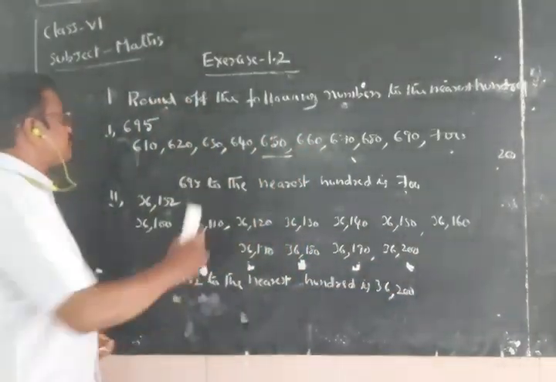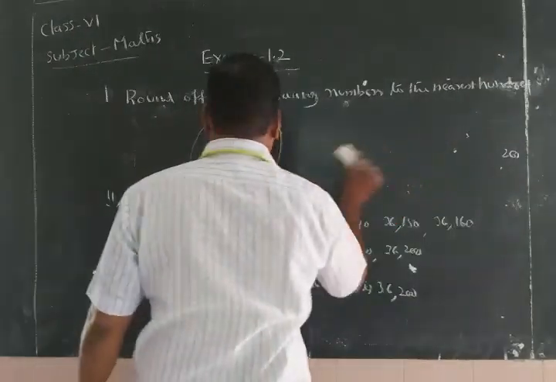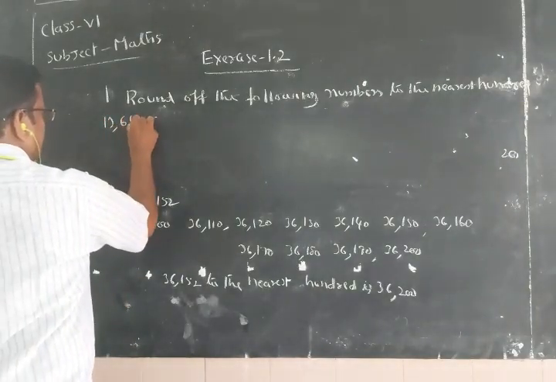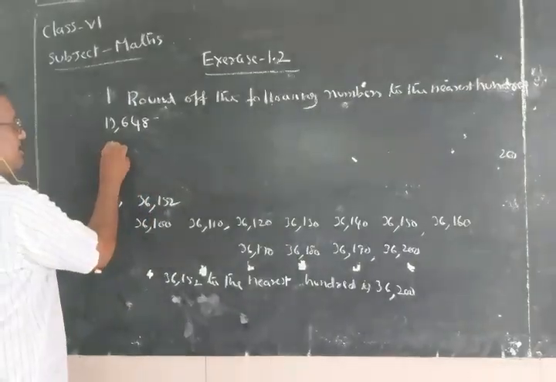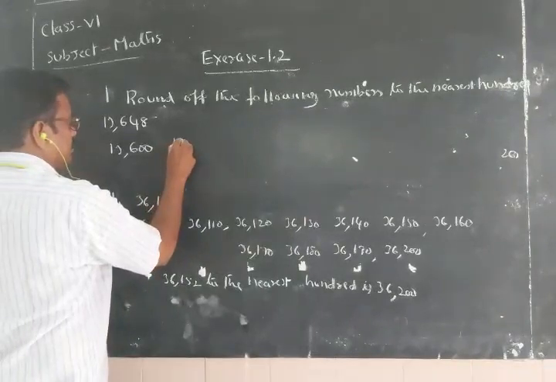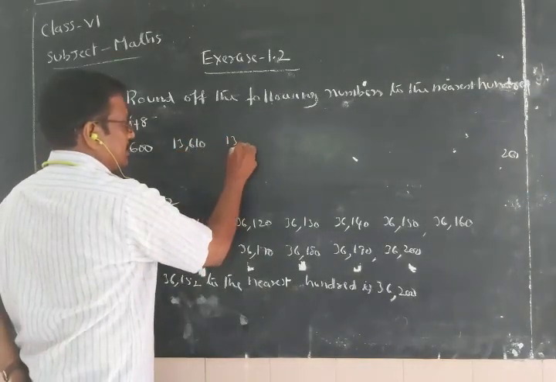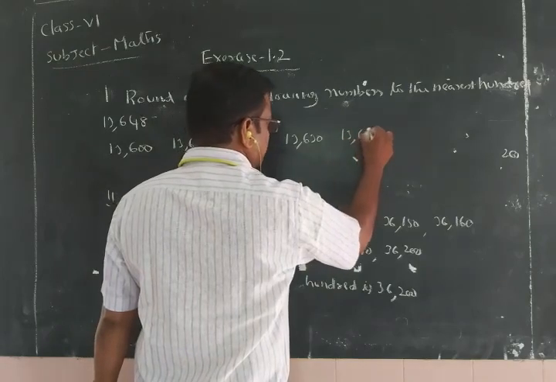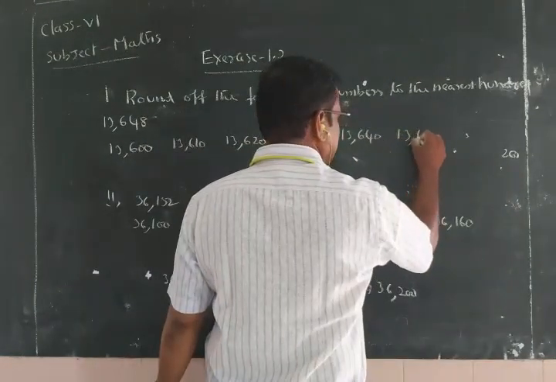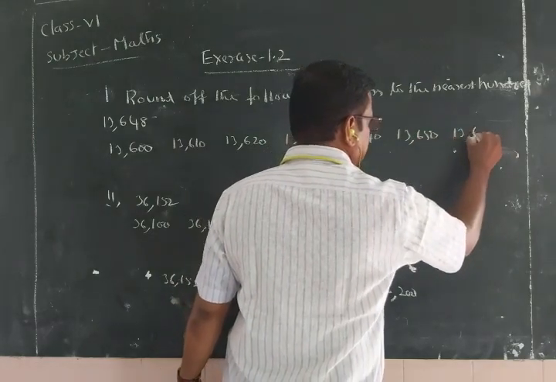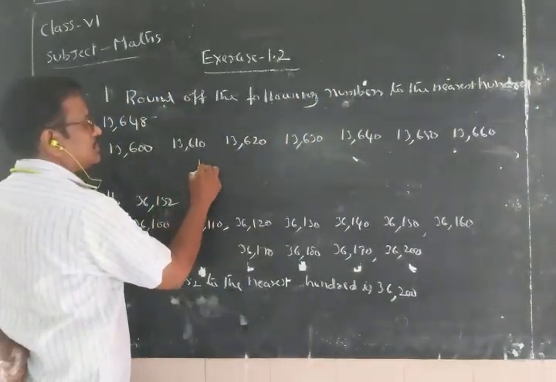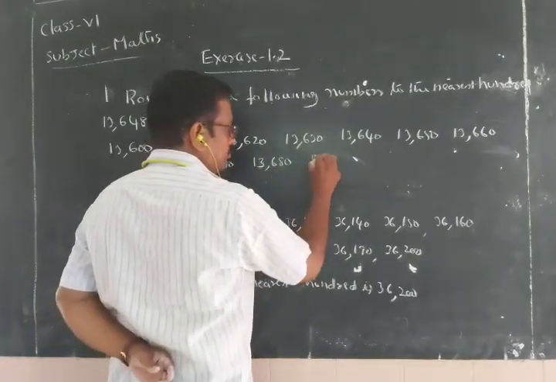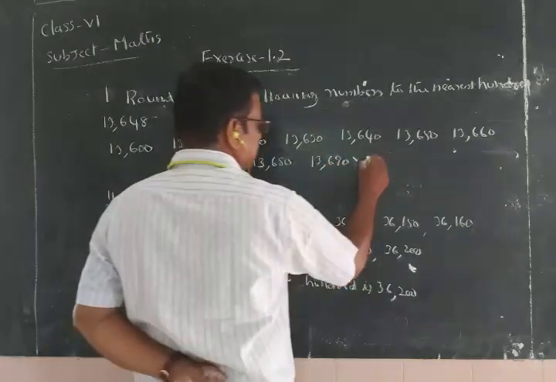The third sum: 13,648. So 13,648 means 13,600, 13,610, 13,620, 13,630, 13,640, 13,650, 13,660, 13,670, 13,680, 13,690, 13,700.